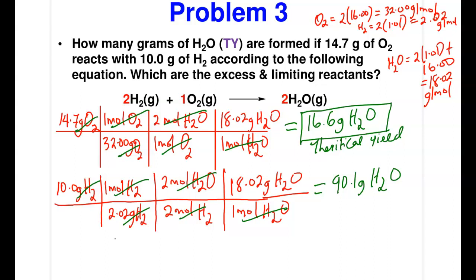So here, the limiting reactant, the LR, is O2, and the excess reactant, ER, is hydrogen. So that is how we do this problem. You can always pause this video, solve this problem, and come and check back for your answers.